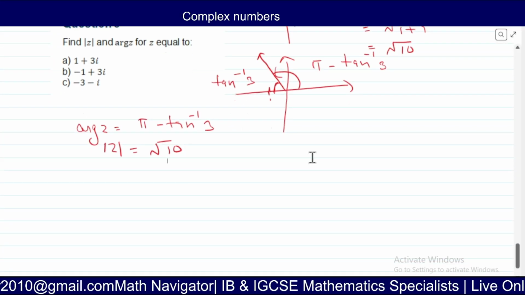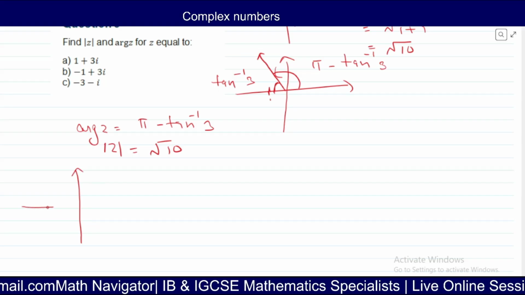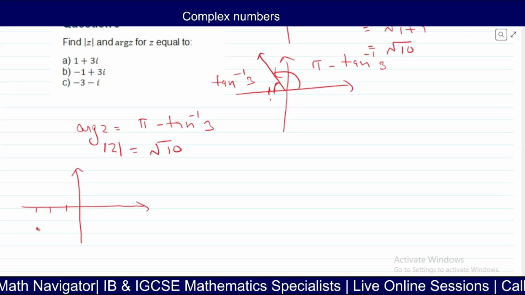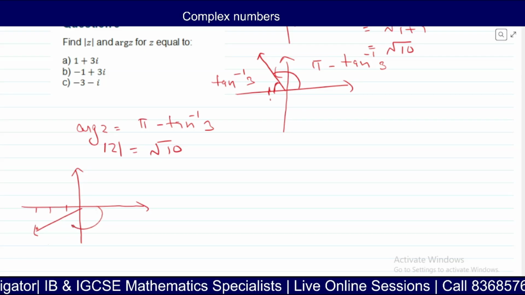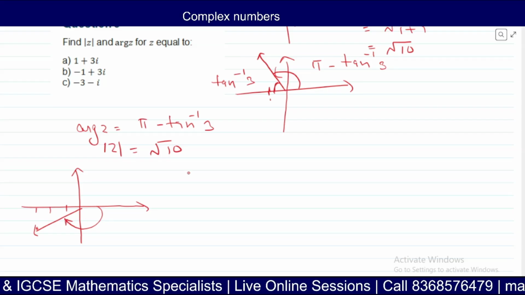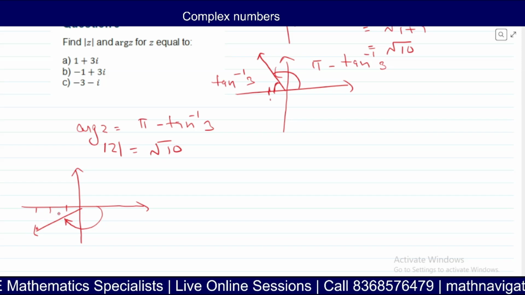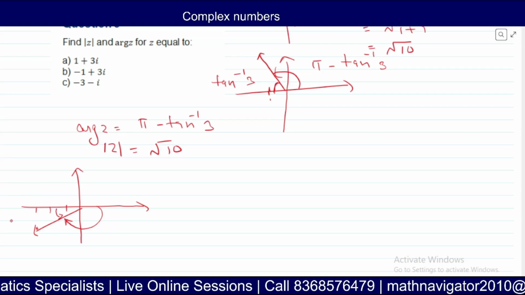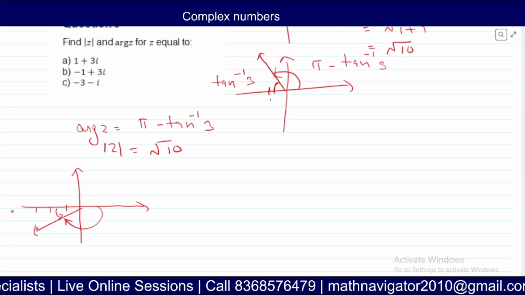Then you will understand. Minus 3 minus i. So negative 3, negative i. Right? So basically what I want to do is find this angle. That will be my argument. So this angle is, let's say, tan inverse 3.